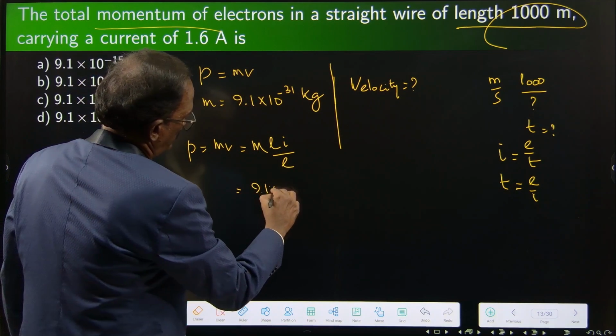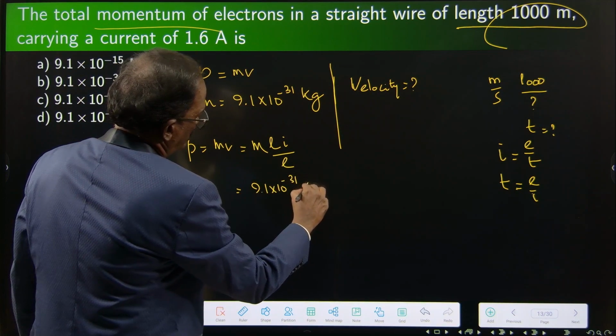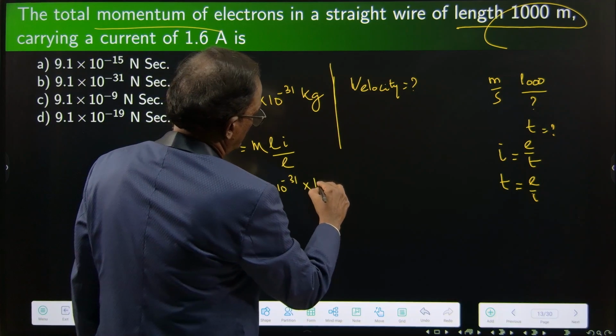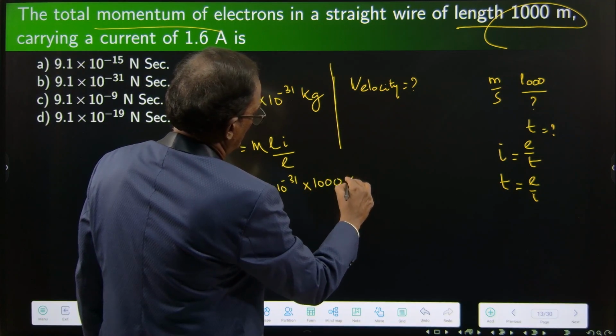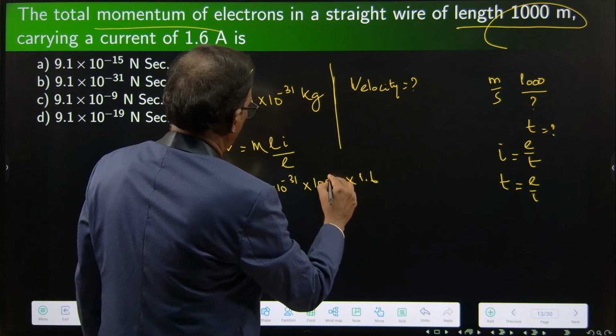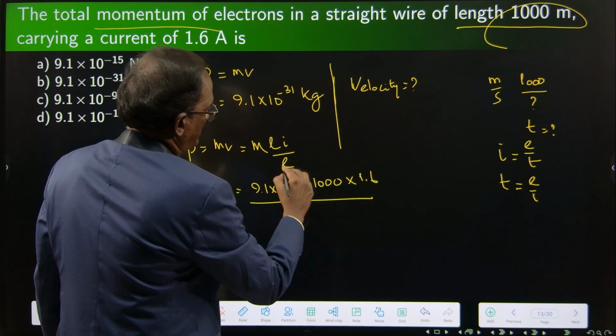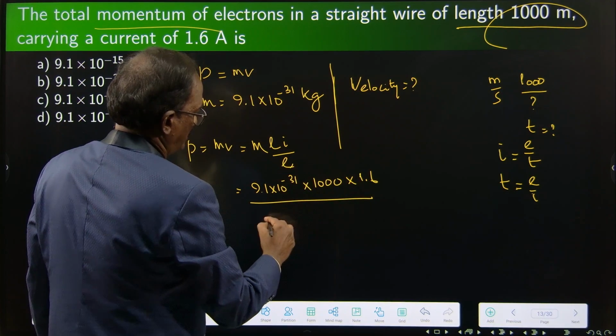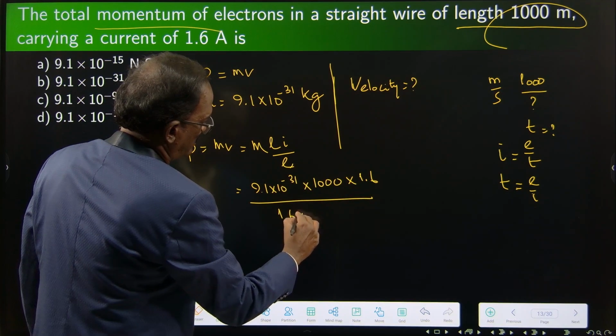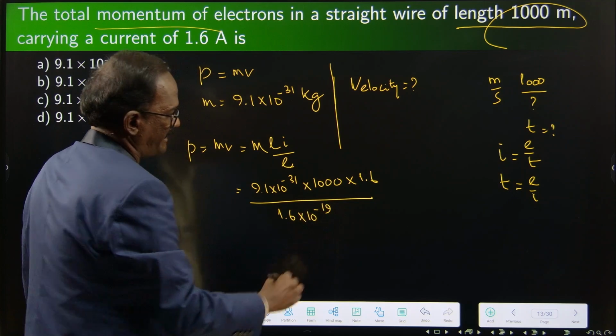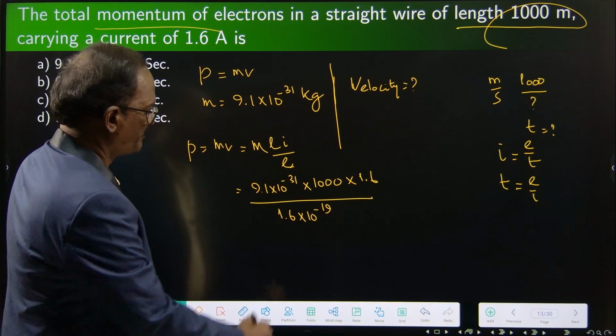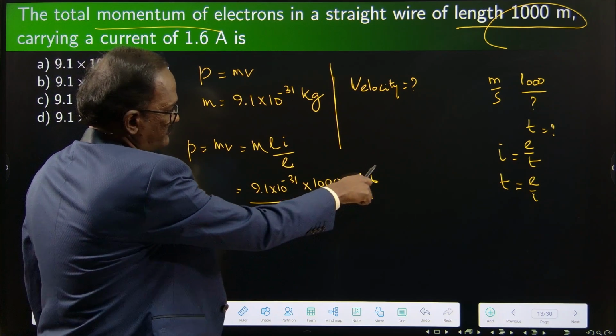Mass 9.1 into 10 to the power of minus 31, L 1000 meter, I 1.6. This is E. E is equal to 1.6 into 10 to the power of minus 19. 1.6 can be removed.